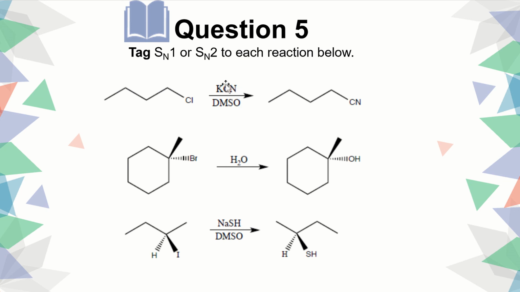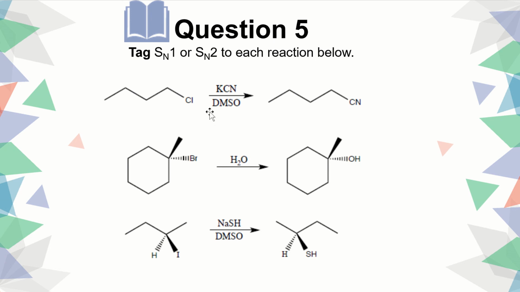We have the cyanide, we have the water, etc. So you assess the nucleophile, right? Remember, it's a substitution reaction. You have substituted a chlorine for a cyanide and bromine for hydroxyl here, etc.